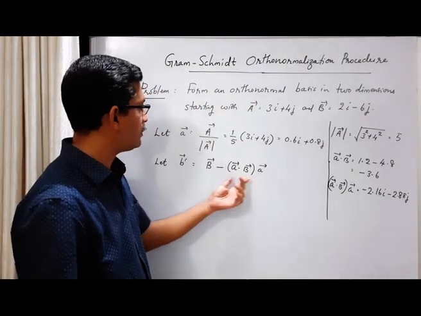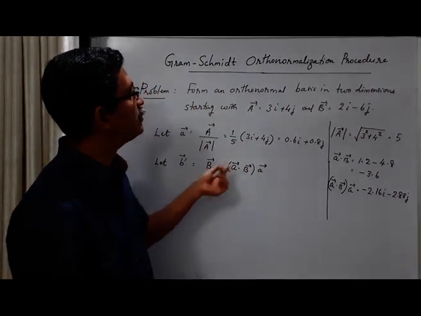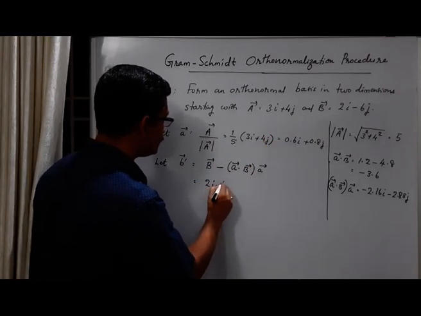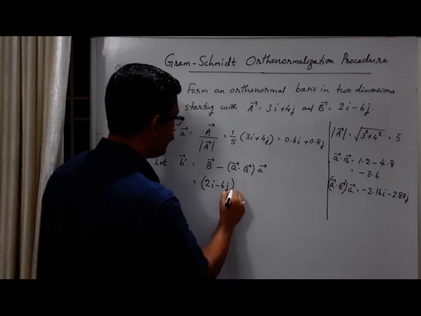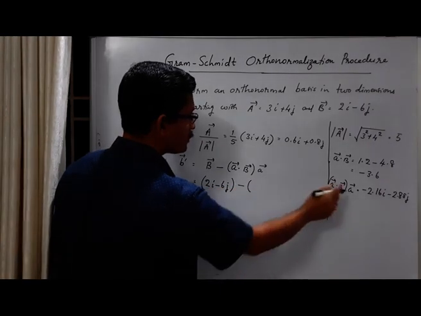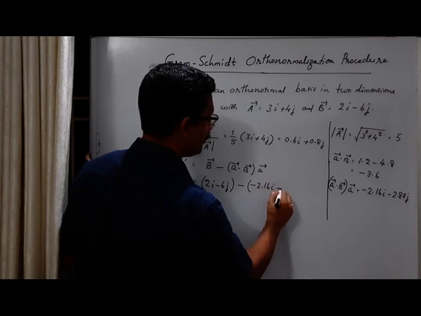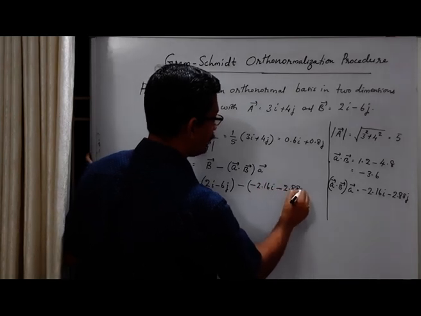This is this part. Now vector b is 2i minus 6j. So what you have to do is 2i minus 6j minus this one, minus 2.16i minus 2.88j.